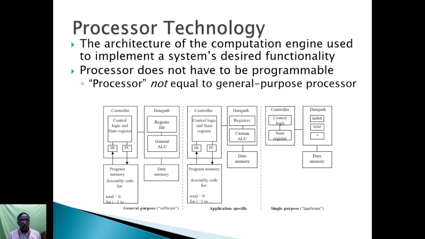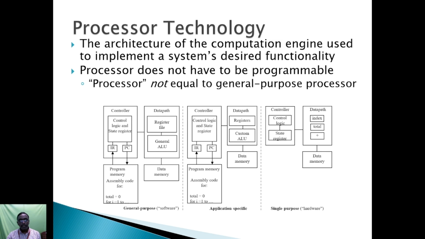One is control logic and state register. Another one is program memory, assembly code. Next one is the data path. So this one is register file, general ALU and data memory.